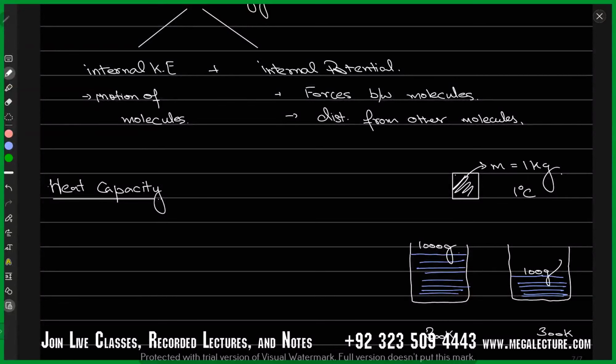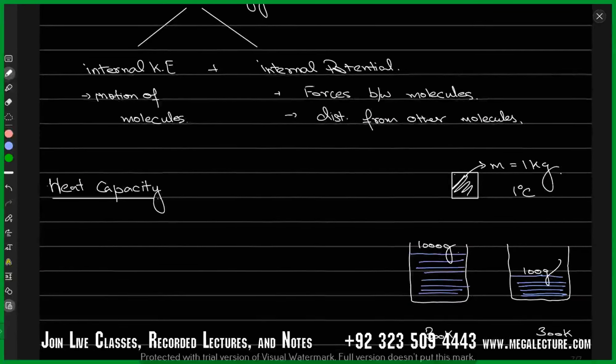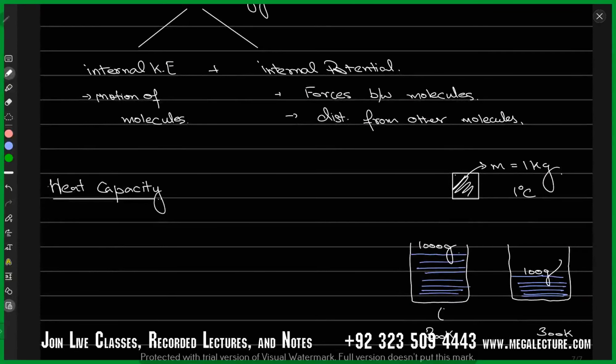So you can say that, for example, this is 100 grams of water, whereas this is 1,000 grams of water. So the situation is that you have two beakers, right? They both contain water. The temperature is the same for both, with different masses. And now let's start heating both of these beakers to the same temperature. So I'm going to start heating from 300 kelvins to some other temperature.